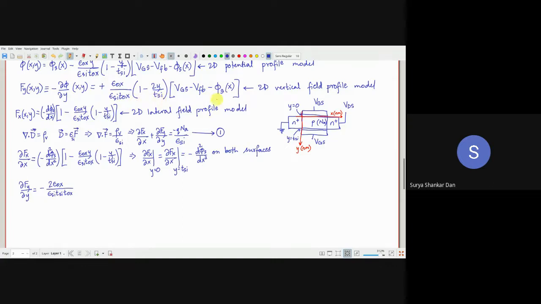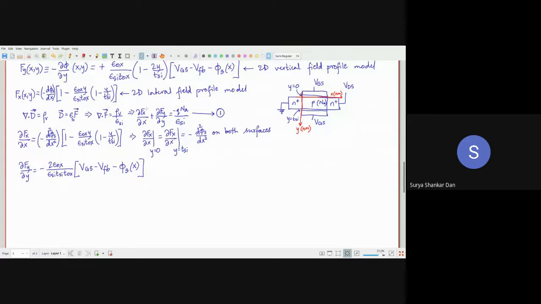Very nice. And the rest of the term again I shall copy. Okay, what is interesting is that this rate of change of the fy with y, this happens to be independent of y.